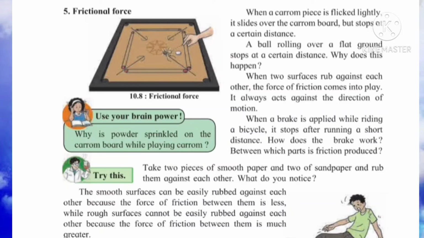The smooth surface can be easily rubbed against each other because the force of friction between them is less. While the rough surface cannot be easily rubbed because the force of friction between them is high. Understood everyone?